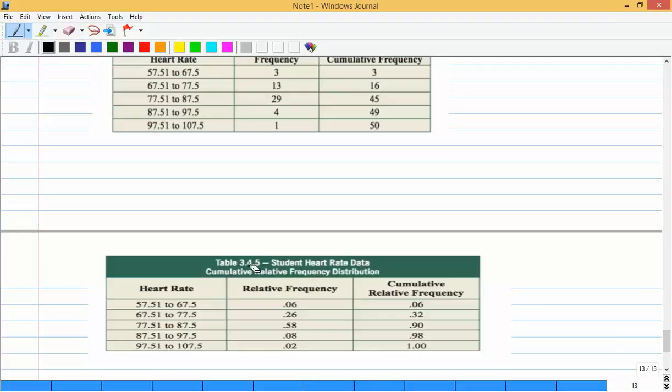So if you took your relative frequencies and then added each one, you started with 0.06, and the next one is 0.06 plus 0.26, the next one is 0.32 plus 0.58, and so on and so forth. That's called a cumulative relative frequency distribution. So it's the same thing we did before, except with decimals instead of whole numbers.